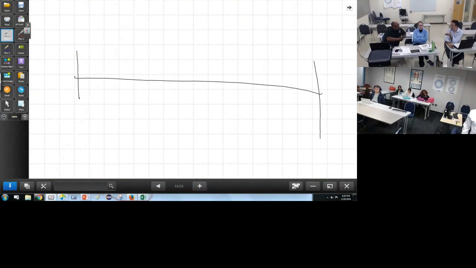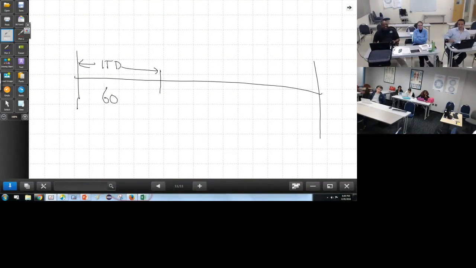Let's do it this way. A timeline will make it simple. So you started here. Okay? This is 60 days. And this period is what we call inventory turnover in days. You bought it and your cash is stuck over here.